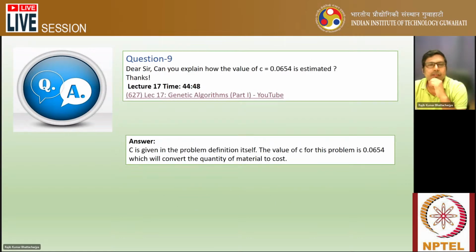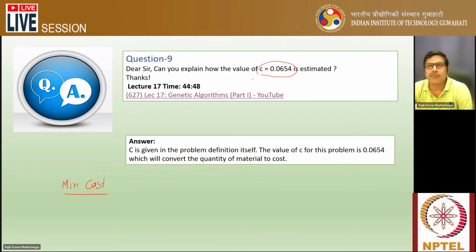Now there is another question. This is related to genetic algorithm. This was a CAN design problem. I would like to minimize the cost of this CAN. You can calculate the material required, and to convert that material quantity to cost, this C was used.